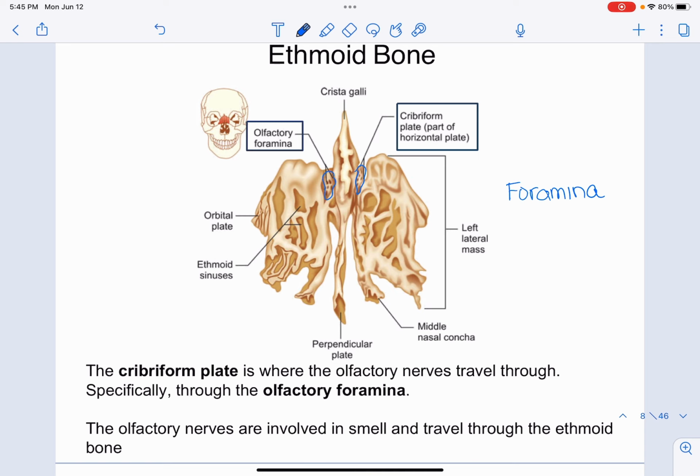And on the cribriform plate, you will find many little holes, and they are the olfactory foramina. That is actually where the olfactory nerves travel through. All right, so the cribriform plate is the whole piece, and the olfactory foramina are the little tiny holes that the nerves are going to run through. And this is how we are going to have our sense of smell.